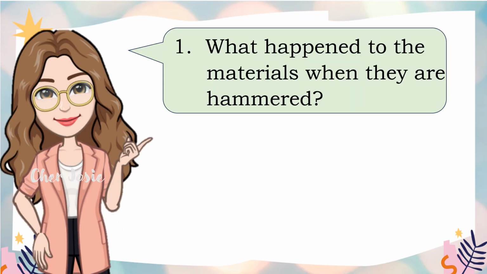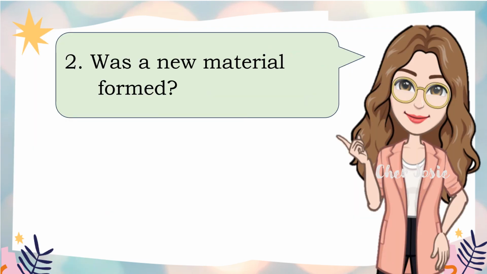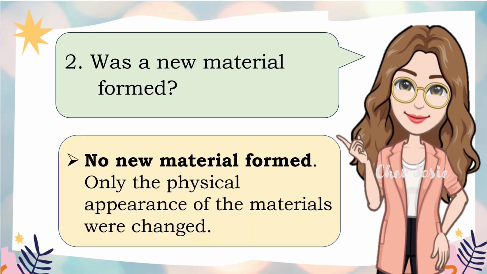Based on the activity, what happened to the materials when they are hammered? Correct! The materials may change their size, shape, and even their texture. Next question. Was a new material formed? Very good. No new material formed.